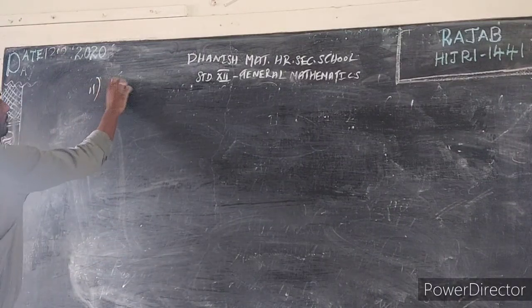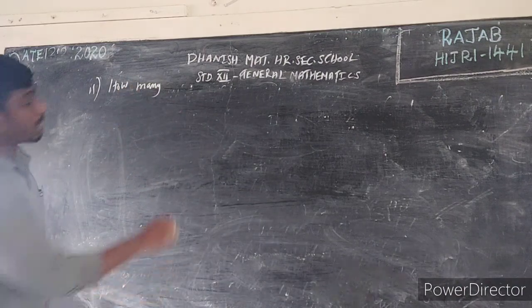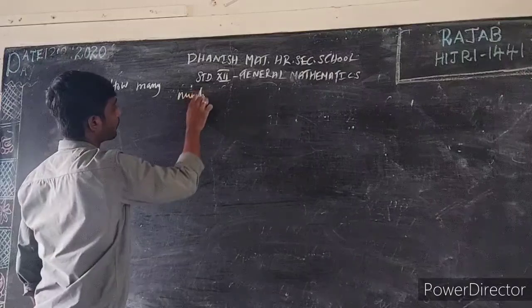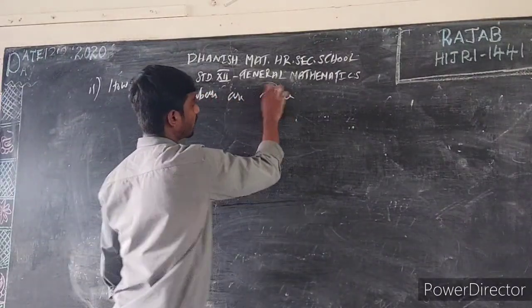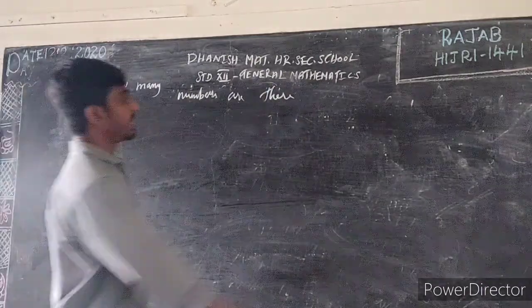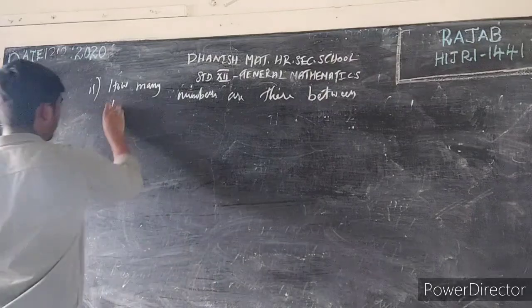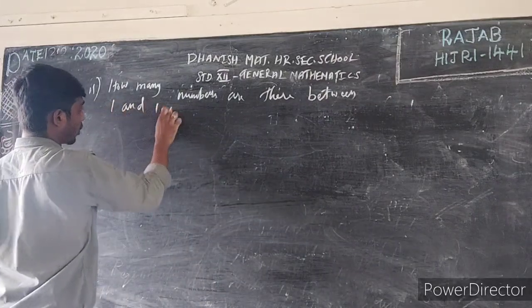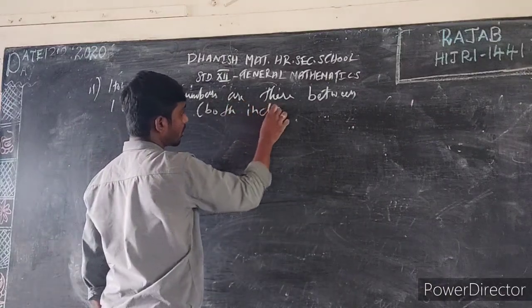How many numbers are there between 1 and 1000, both inclusive?